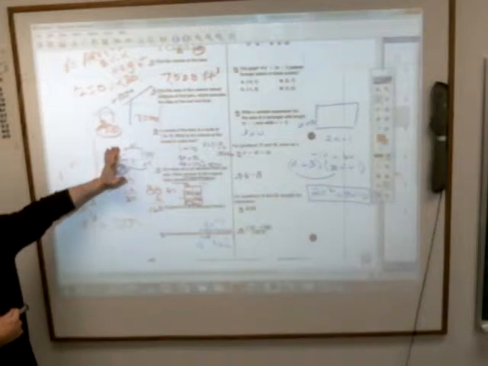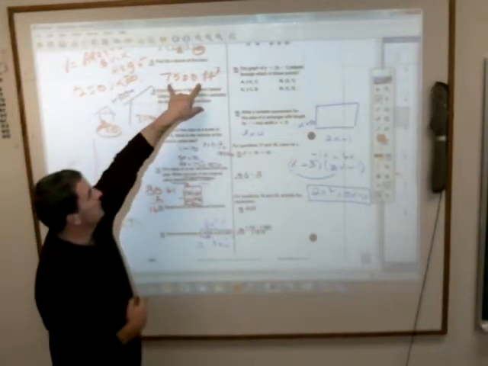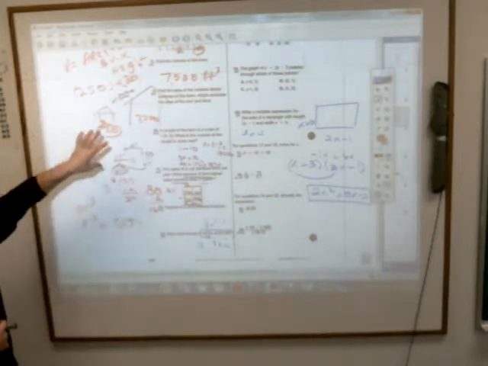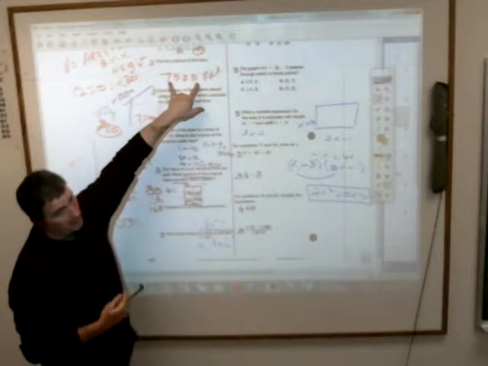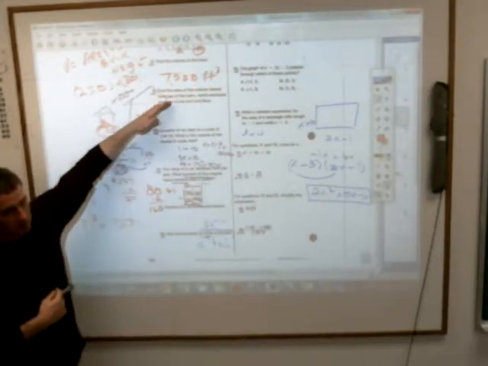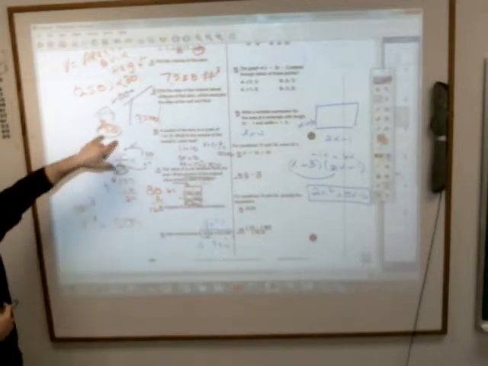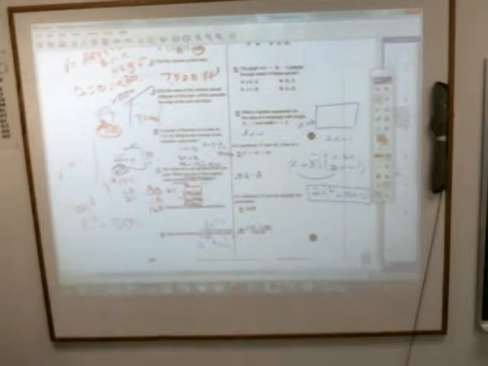It's 1,000 times bigger volume-wise. This time we didn't know what the model was, we knew what the actual thing was. So you have to go backwards from multiplying by 1,000 to dividing by 1,000, because it's going to get reduced by 1,000 times. That's where the division comes in, which is nice because you just move decimals.